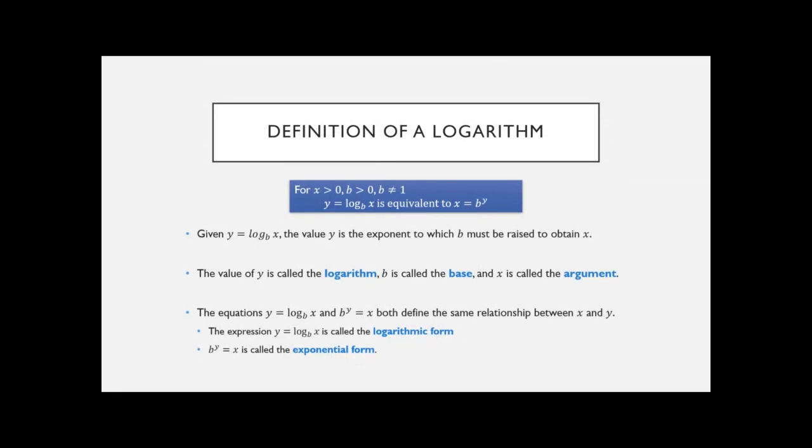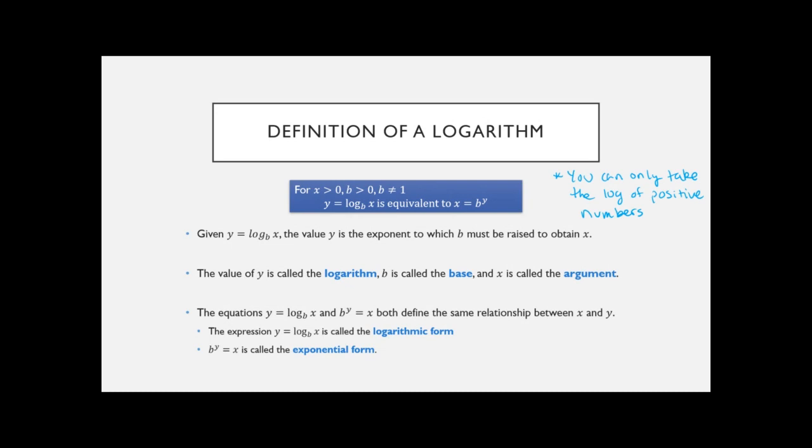So this brings us to the definition of a logarithm. For x greater than 0, so you can only take the log of positive numbers. And then b is greater than 0, and b is the base of the exponent, so that matches with exponential rules.